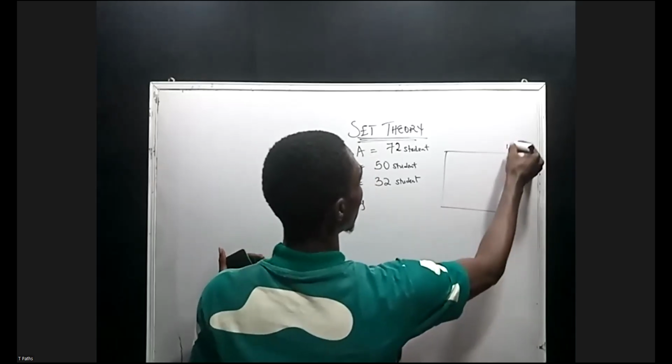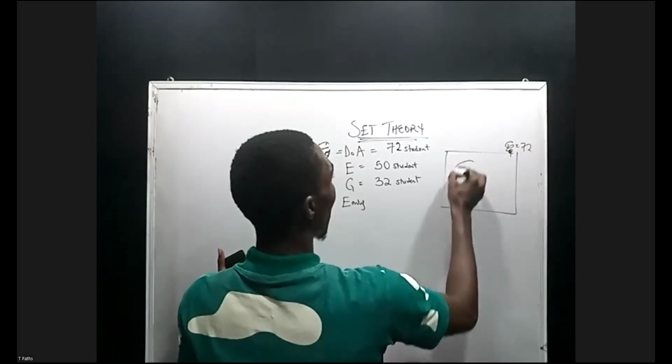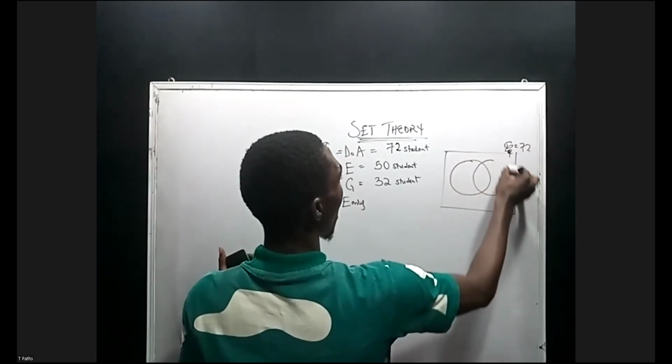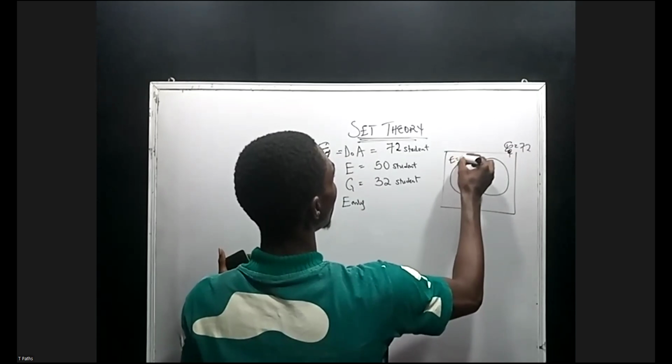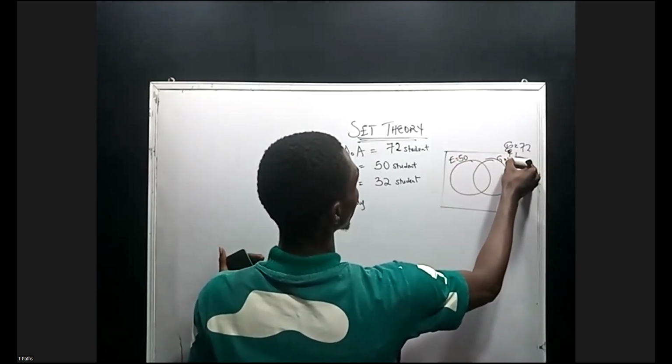Universal set equals 72. We have economics and government. Economics is 50, government is 32.